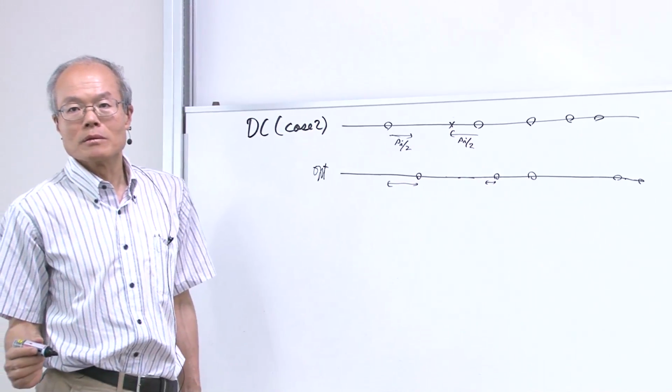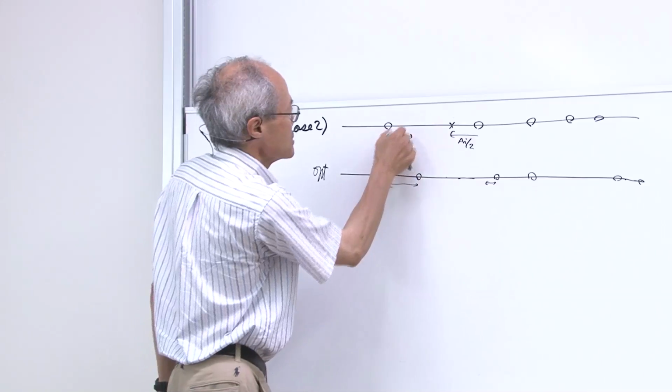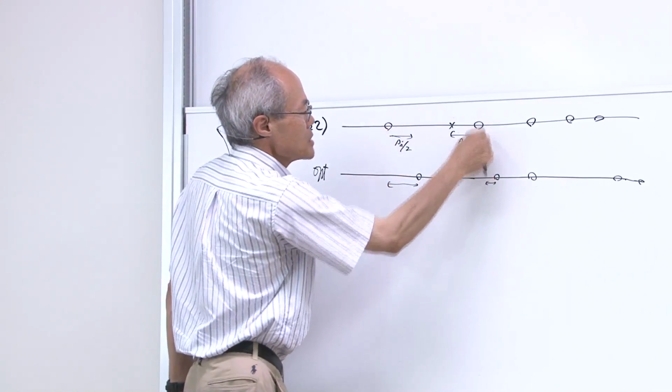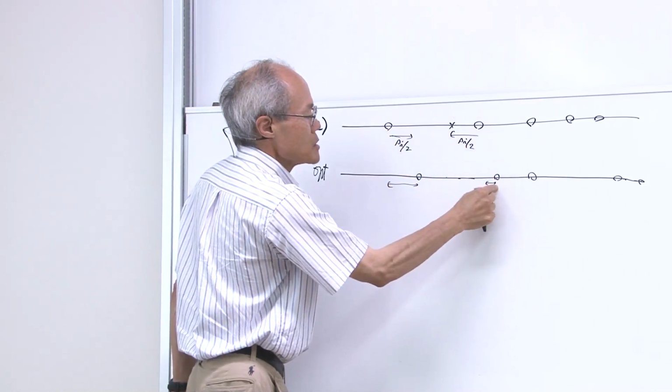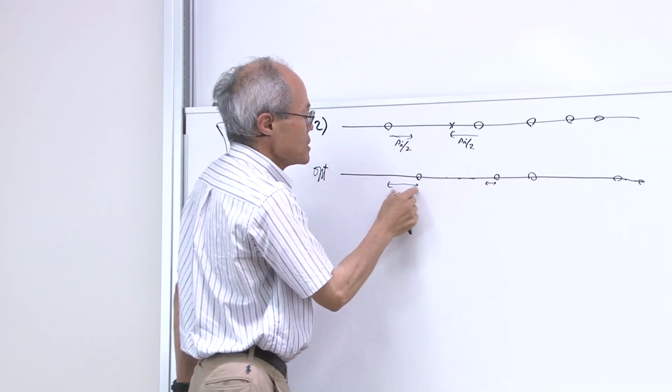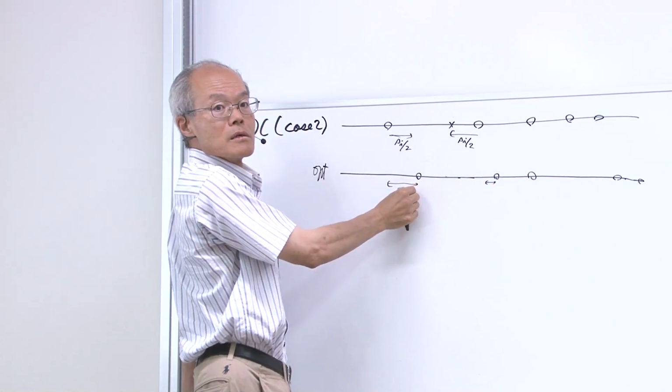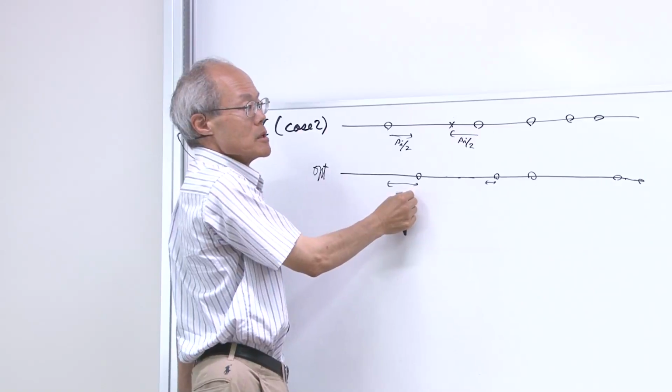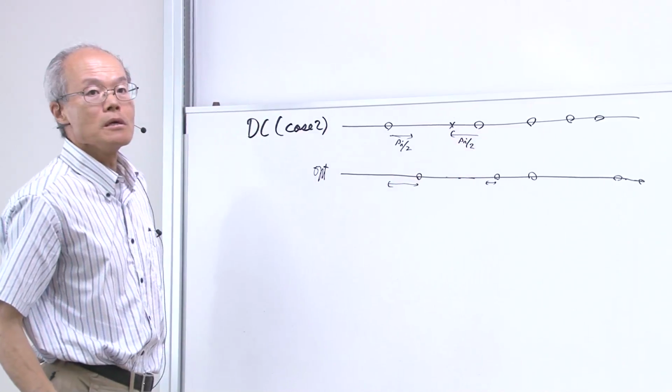This M decreases because this guy comes here, but this M increases by the same amount. So M does not change.